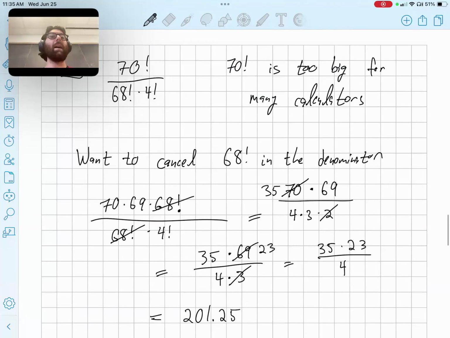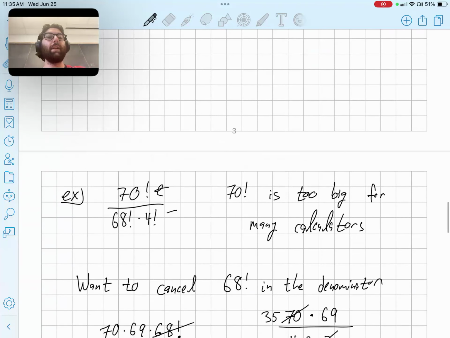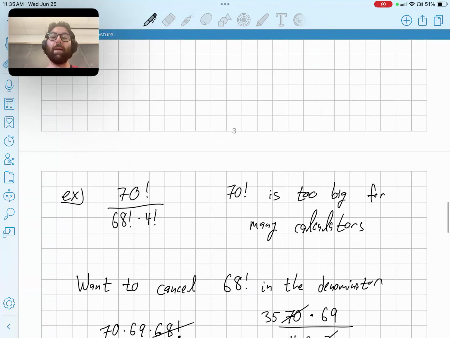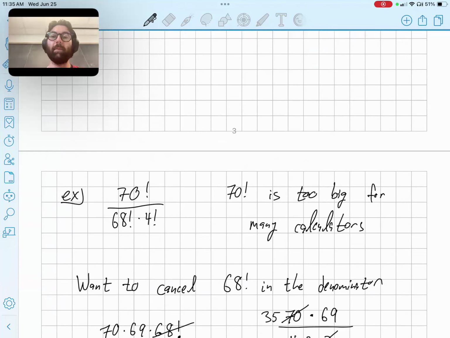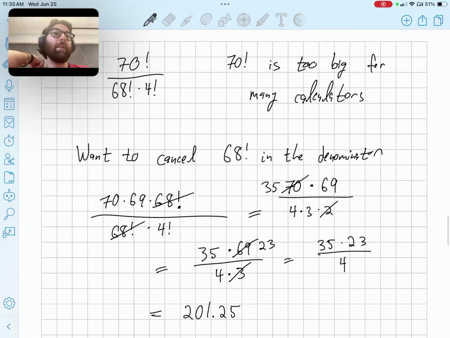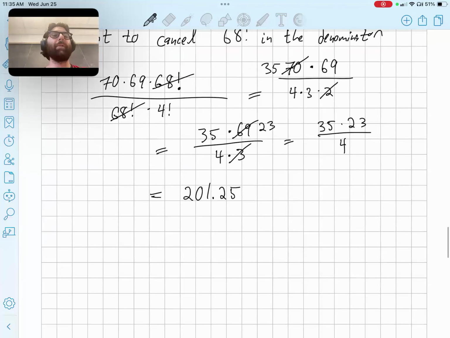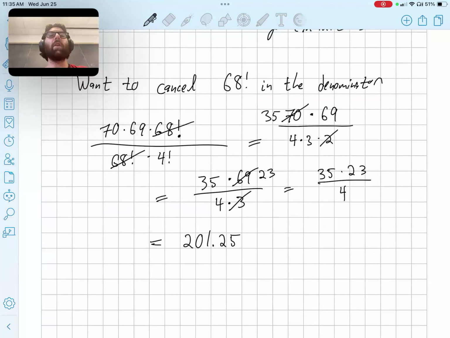If you were to calculate all of these quantities individually in your calculator, depending on your calculator, it might need to round, and it in fact does round and doesn't give me quite the right answer. So these manipulations are really the only way to go.